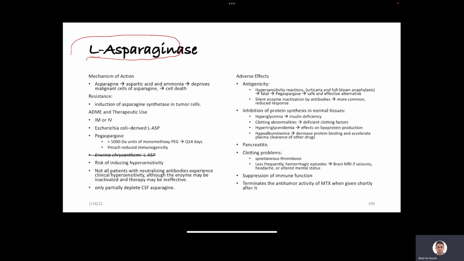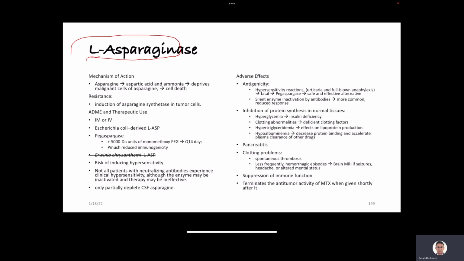The mechanism of action is that cancer cells, especially leukemia cells, don't do that. They don't combine L-aspartate with ammonia to produce L-asparagine. So you are starving the cells for L-asparagine. You give L-asparaginase systemically, it breaks down L-asparagine to L-aspartate, and then the L-asparagine will not reach cancer cells.